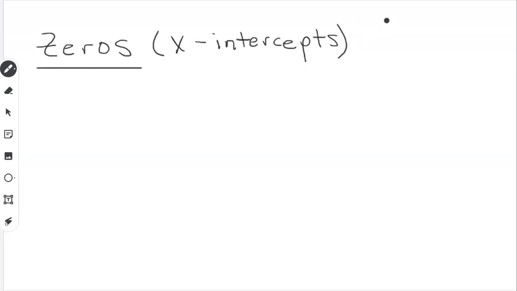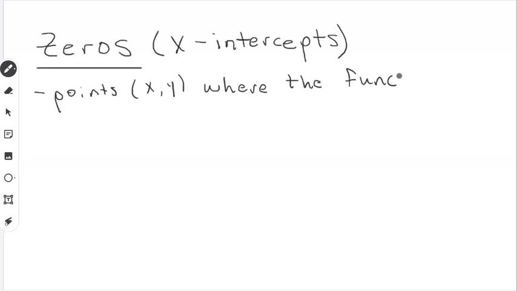If you remember from Algebra 1, an x-intercept is where the graph is going to cross the x-axis. So these are going to be points (x, y) where the function, or the graph of the function, crosses the x-axis.